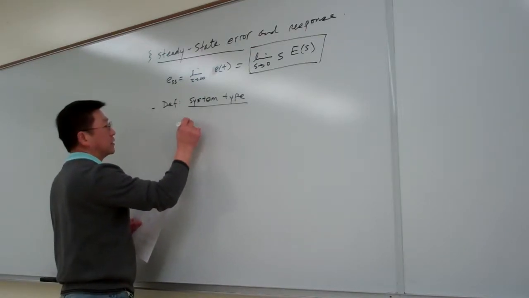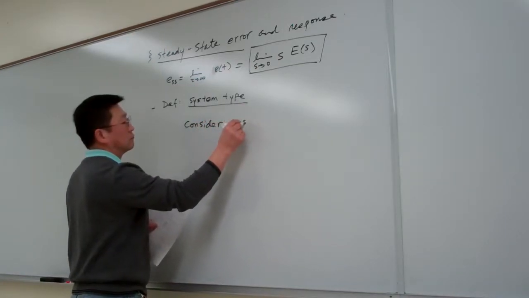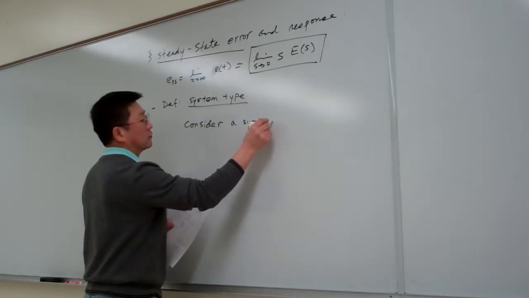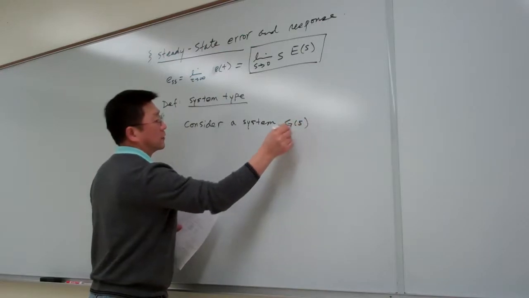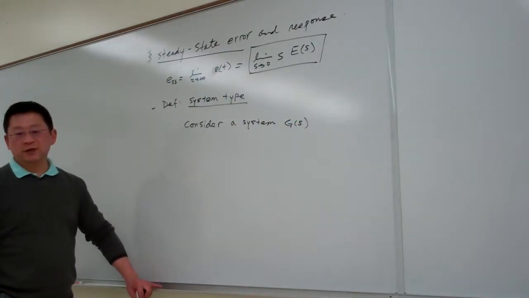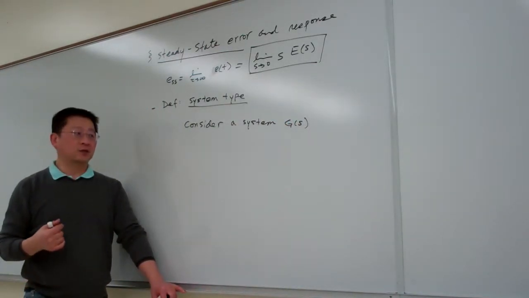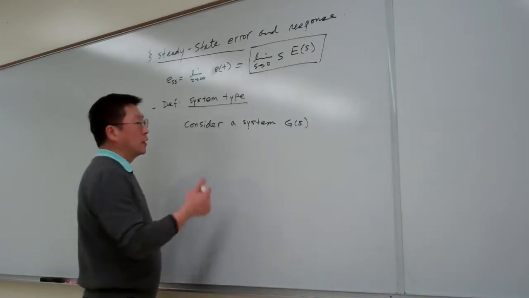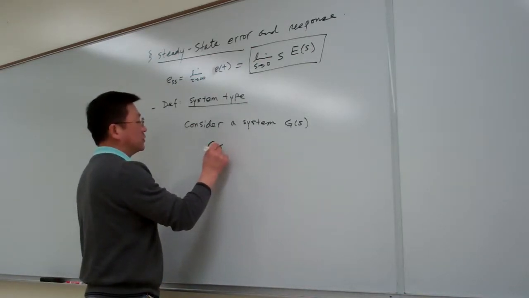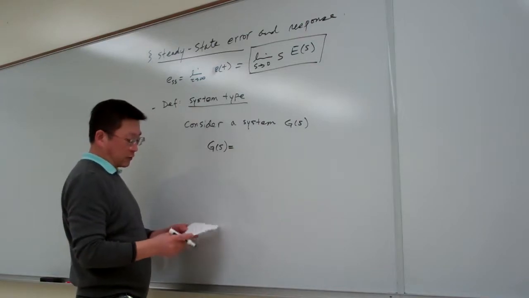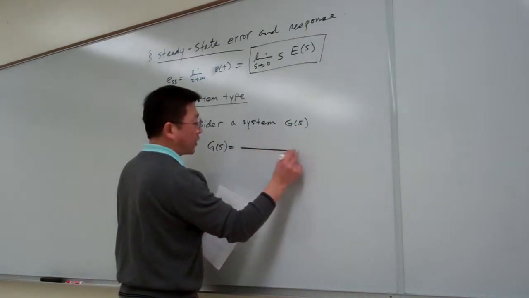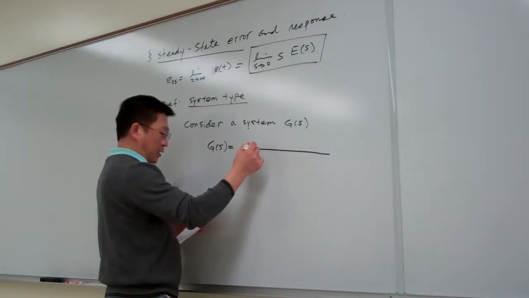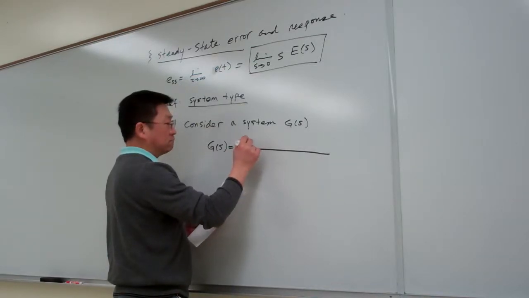If we consider a system, this system can be any system, can be an open system, and can be the closed loop system. Okay, so using G(s), in a certain way it can be expressed by a polynomial.